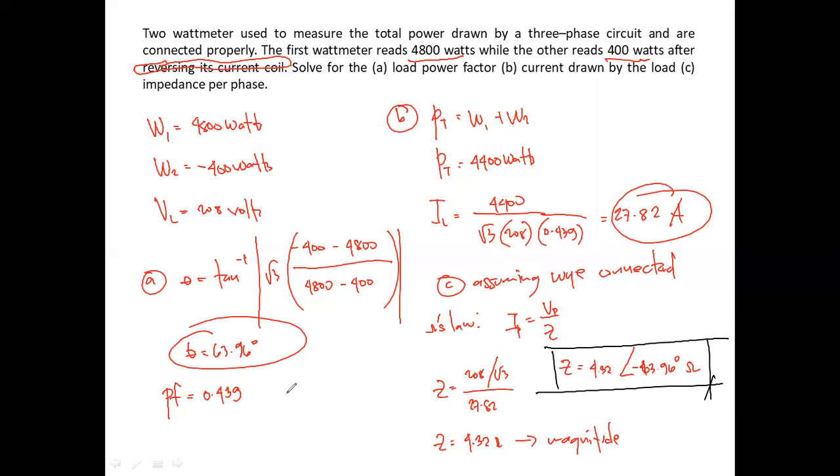So if wattmeter 1 is greater than wattmeter 2, leading, as discussed in the previous example, example number 1. And once you have a leading power factor, the power factor angle sign in the impedance is negative. So this is one way of calculating the impedance per phase. You can also use this method to calculate the impedance in example number 1.